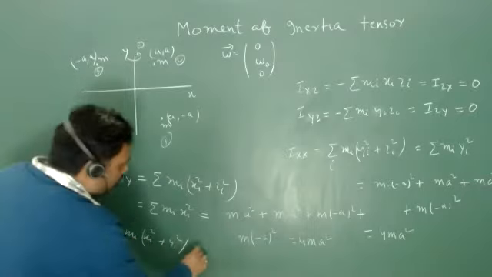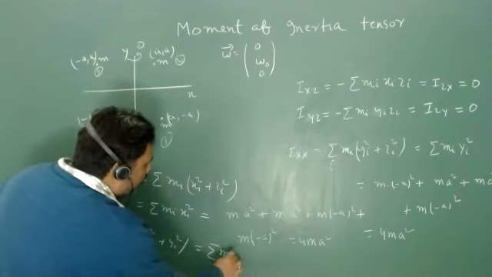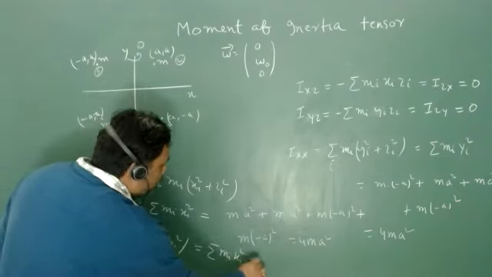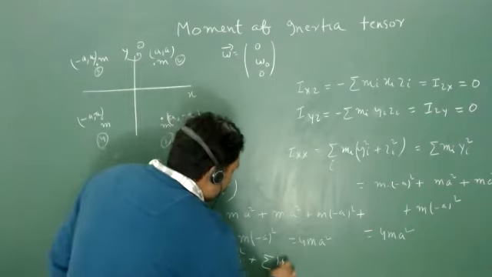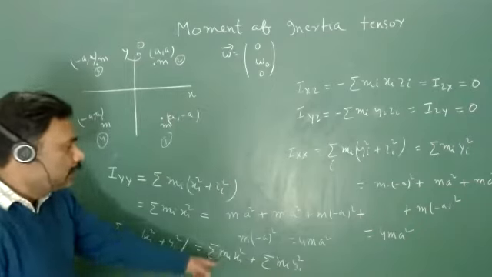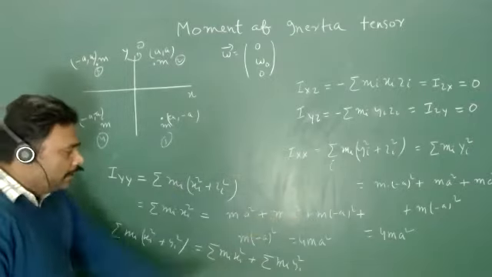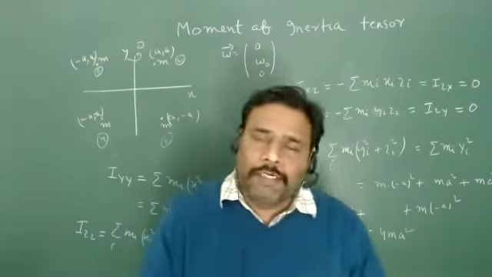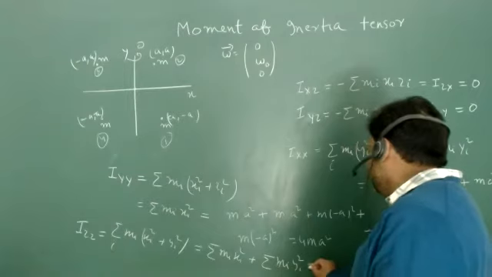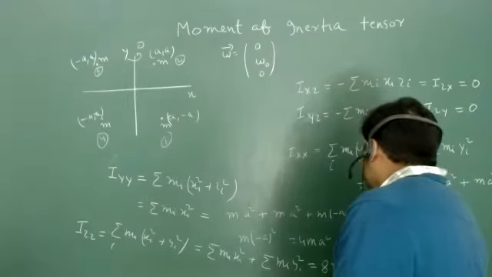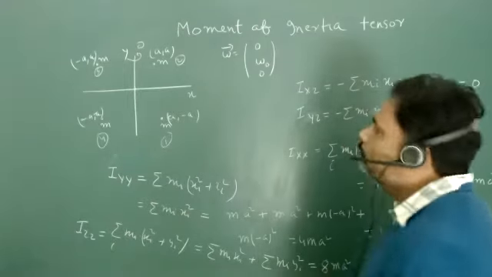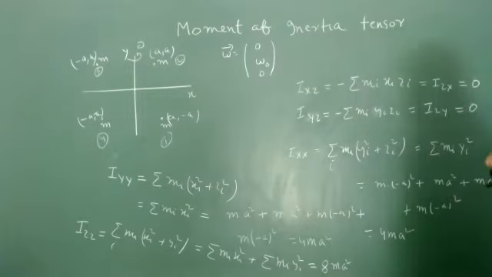So we can write summation over mi xi square plus summation over mi yi square. Mi xi square we have calculated as 4 ma square, and mi yi square we have calculated as 4 ma square. So this is nothing but 8 ma square. Are you people comfortable? Yes, sir. So this is nothing but 8 ma square.